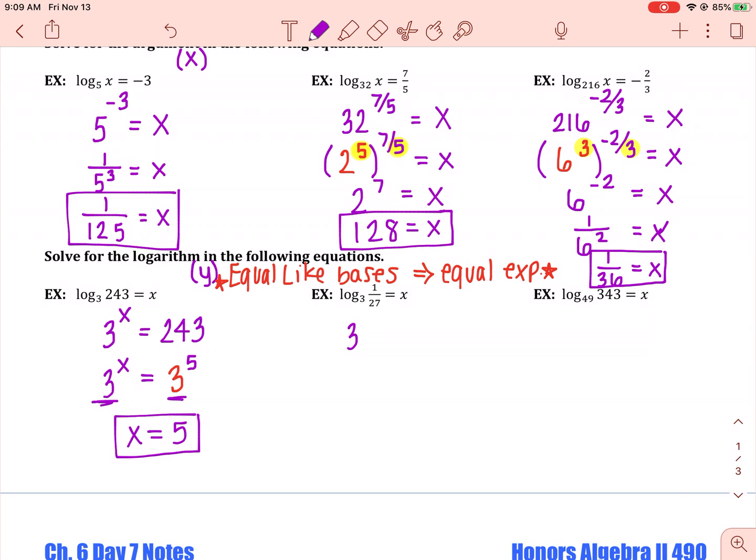Next one, 3 to the x is going to equal the argument of 1/27. My goal is to get a base of 3 on the right side. I have 3 to the x over here. Do you notice that this is really 1 over 3 cubed?